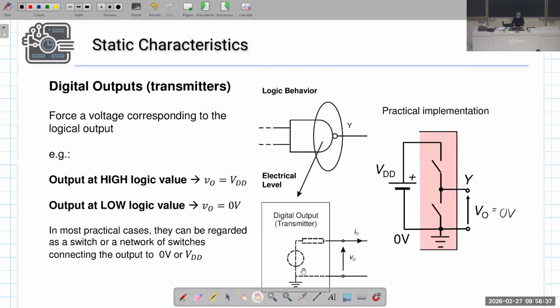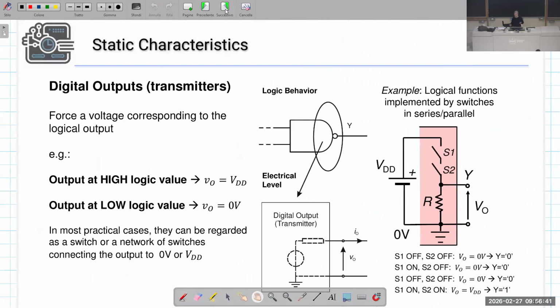Taking advantage of switches, we can do even something more interesting than just connecting the output to 0, 1.